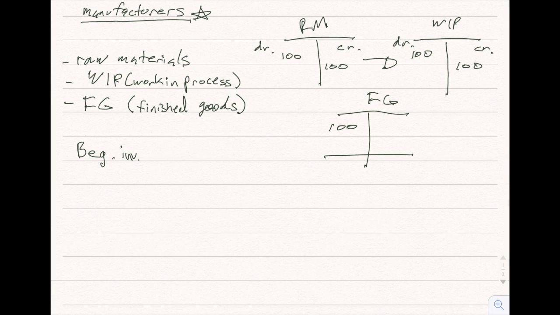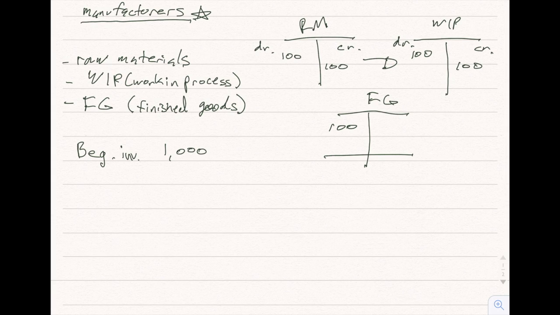Okay, so it's finished, it's ready to be sold, in the amount of $1,000. Okay, so this is the inventory you have. Throughout the year, you're either going to make more or you're going to purchase more in the case of a merchandiser.